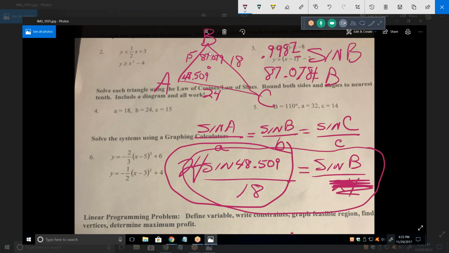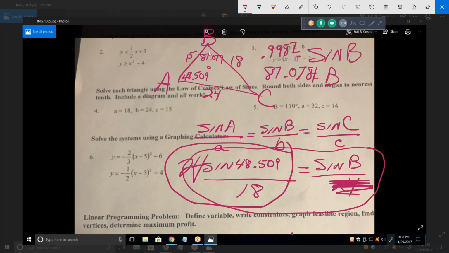Because if I'd have rounded off early to what they request, to the nearest tenth, well, I would have lost this 0.09 here. And that might have affected this answer slightly, just enough where it would change the final outcome by 1/10. And I might end up off by 1/10. That's why you don't want to round off early.